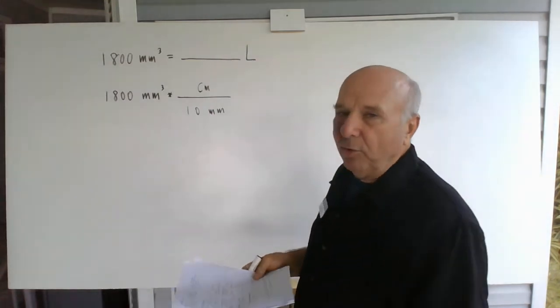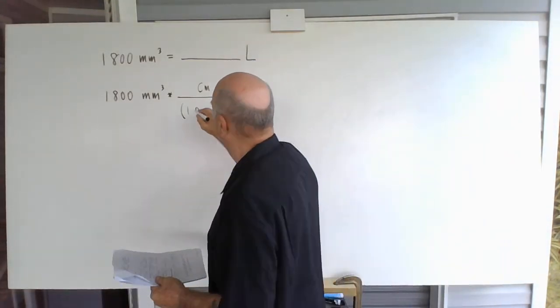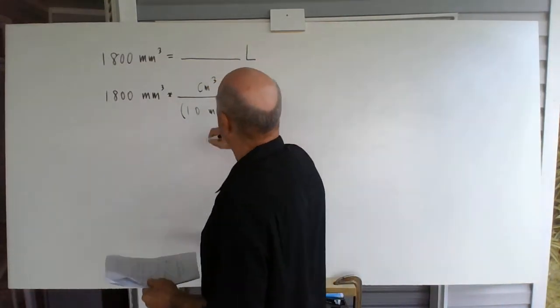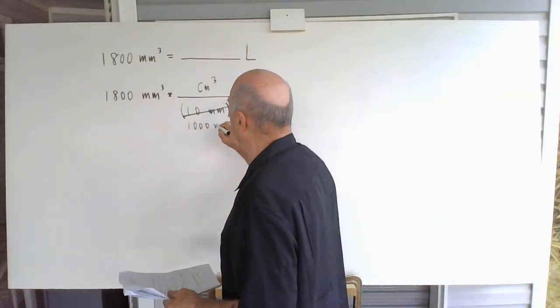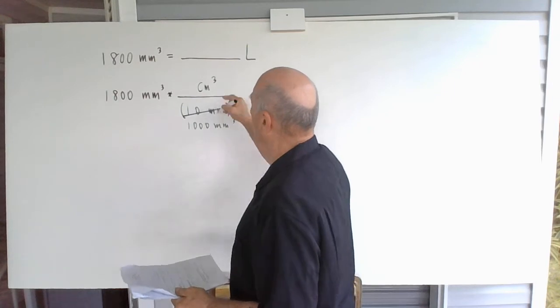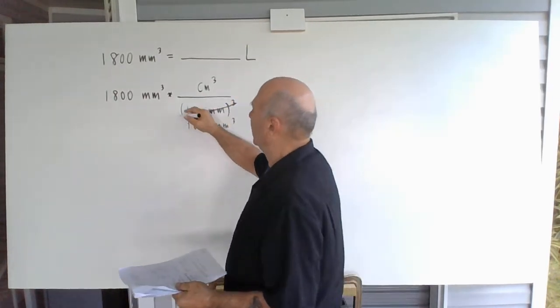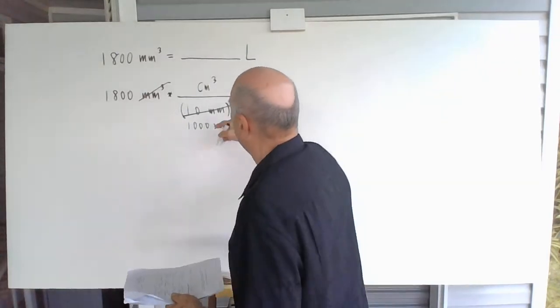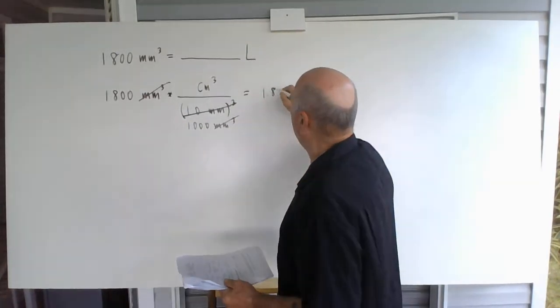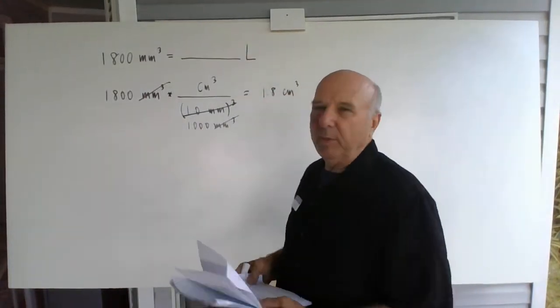But I want it cubed, so if I cube it, then this is essentially 1,000 millimeters cubed per cubic centimeter. So the millimeters cubed cancels, and dividing by 1,000, I have 1.8 cubic centimeters.